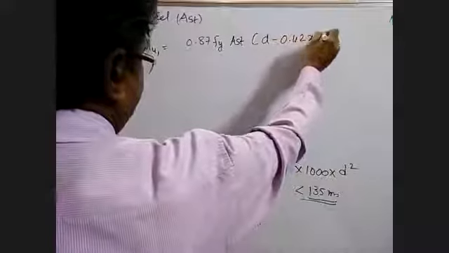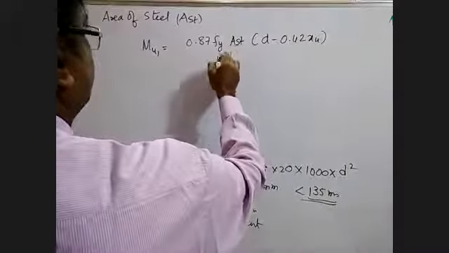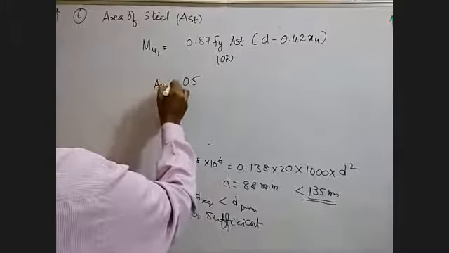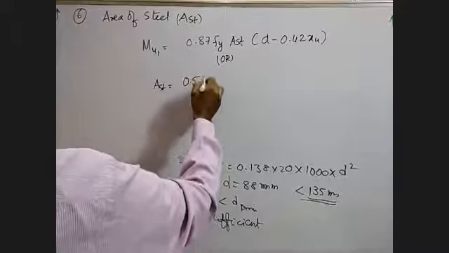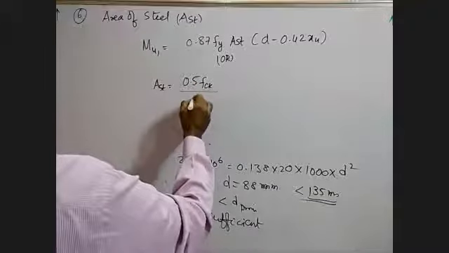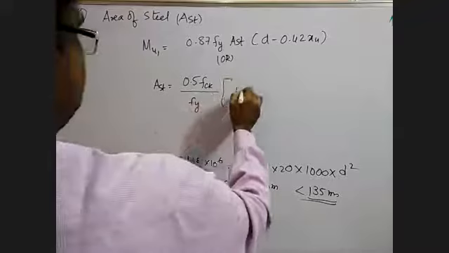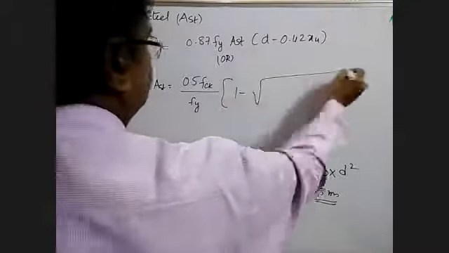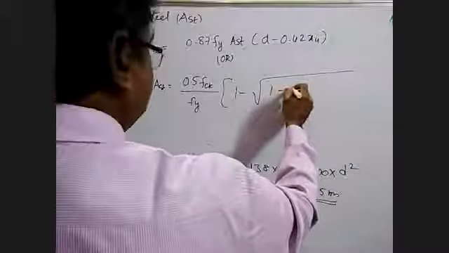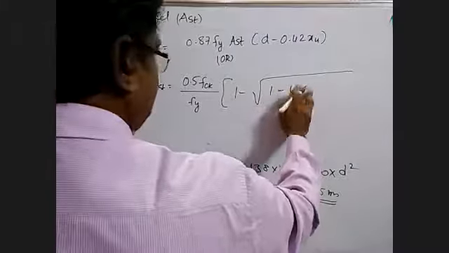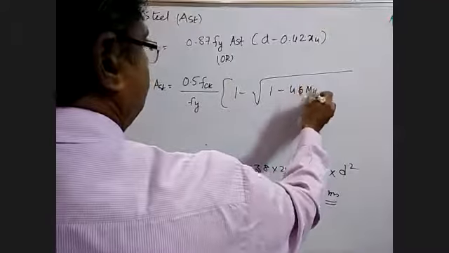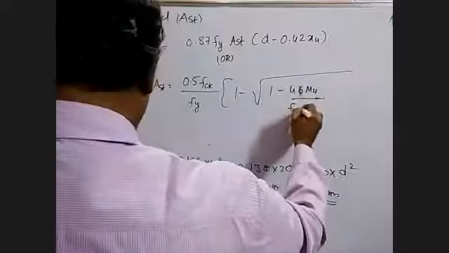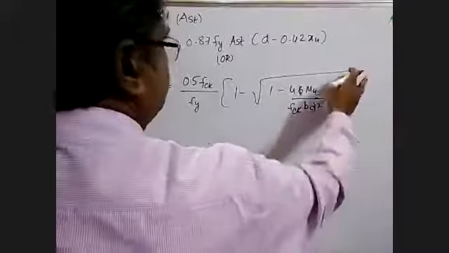You can use this formula or AST is equal to 0.5 FCK by Fy into, if you don't remember this, use this, 1 minus square root of 1 minus 4.6 MU1 by FCK into BD square.